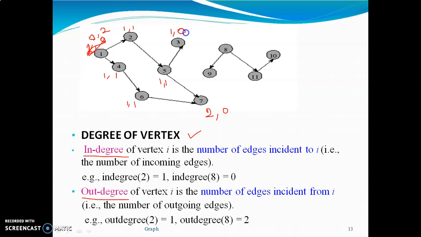For 8, 0 is the in degree and 2 is the out degree. For 9, 1 is the in degree, 0 is the out degree. For 11, 1 in and 1 out. For vertex 10, 1 is the in degree, 0 out degree. So these are the degrees for each and every vertex in the directed graph.